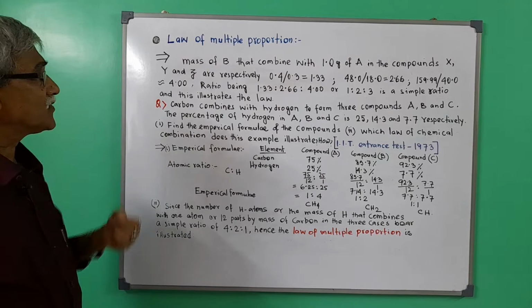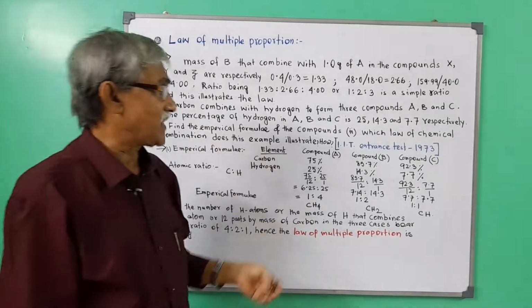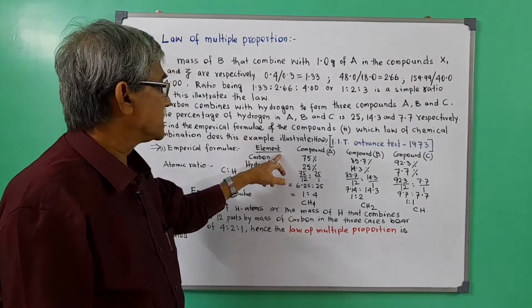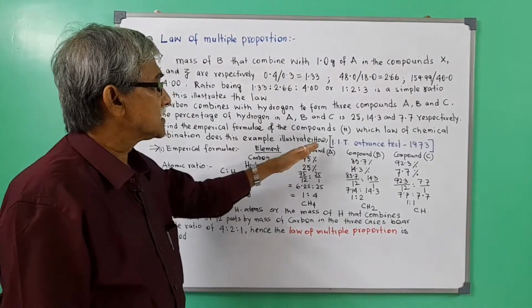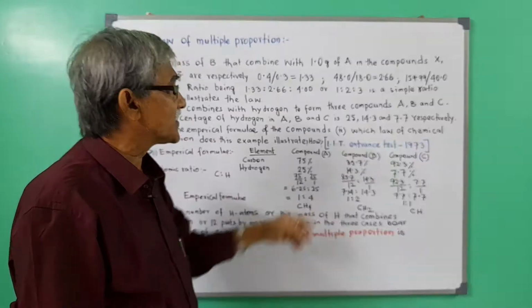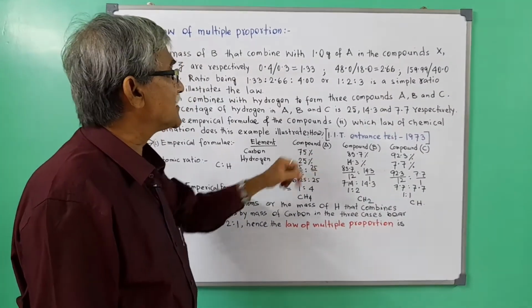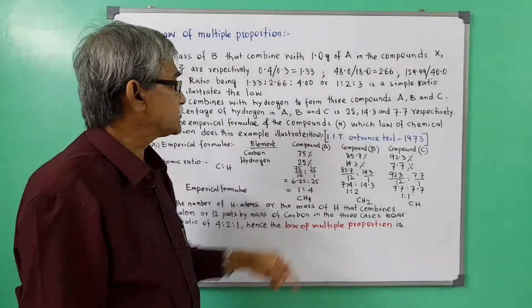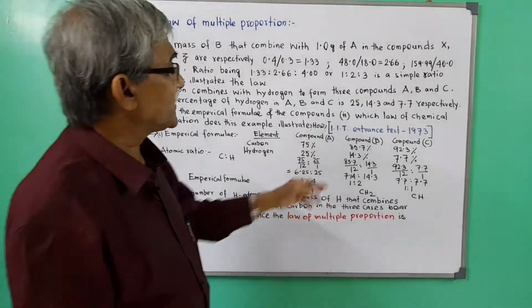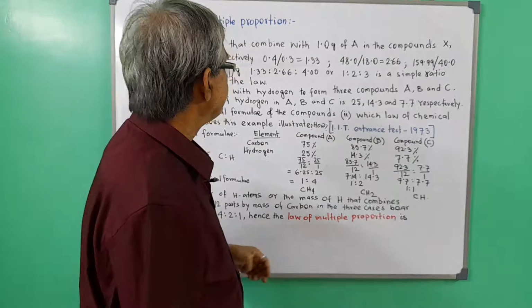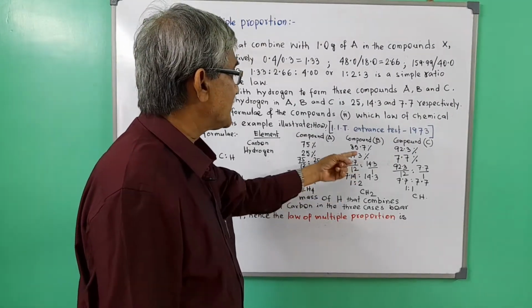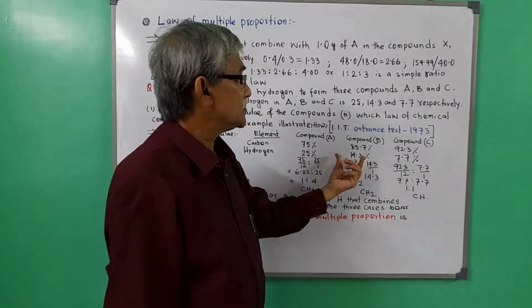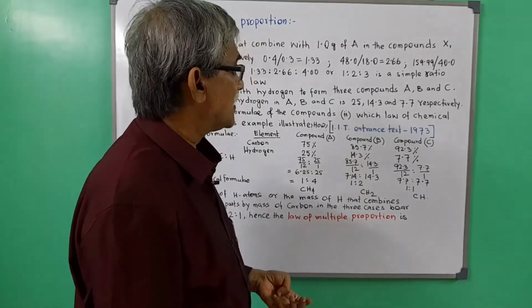For the empirical formula, we first form a table with the elements carbon and hydrogen. Compound A, the percentage was given, 75% and 25%. In compound B, 14.3% is the hydrogen, naturally the carbon is 85.7; you deduct 14.3 from 100.